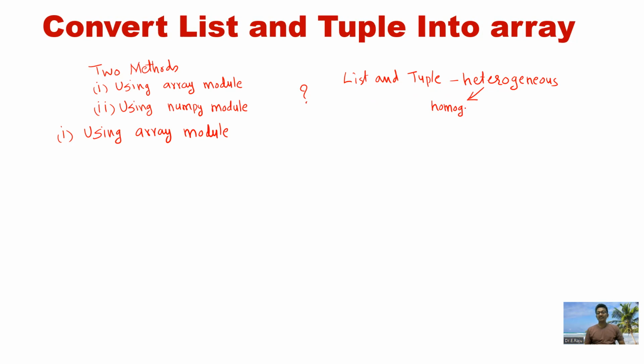So array is the constructor that we use to convert heterogeneous elements into homogeneous types.